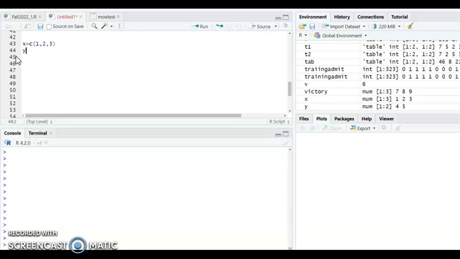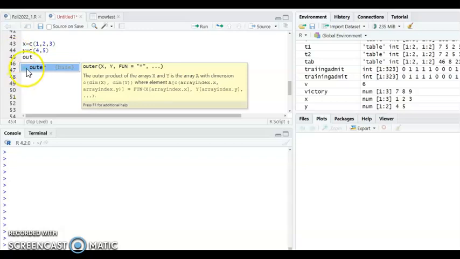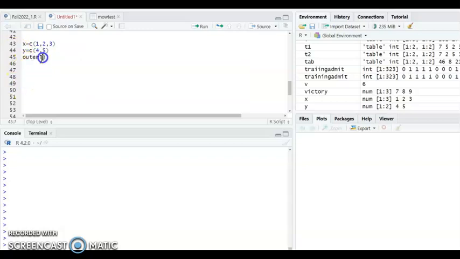The other one, y, is c(4, 5). After that, we put here x and y. I leave the function blank, so it will put multiply as the default. We are going to check all the options until you completely grasp the idea.